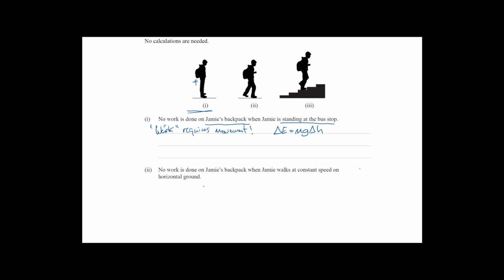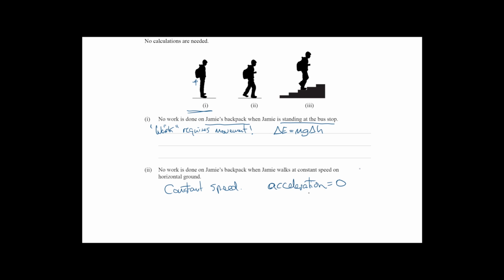Okay, so this one here, if he's moving at a constant speed, he's not accelerating. So he's not increasing or decreasing, so he's just kind of coasting along.